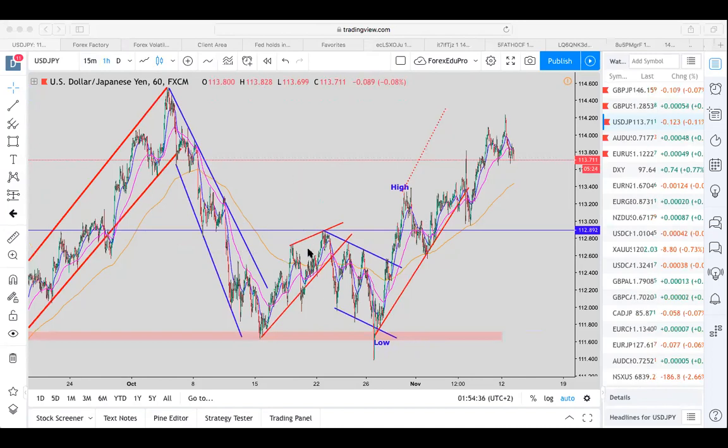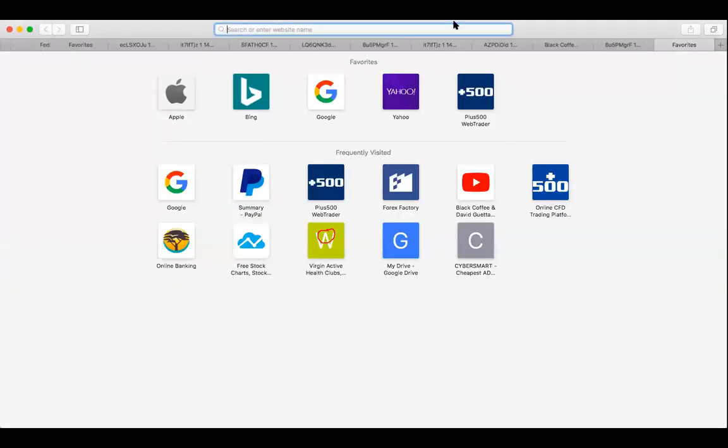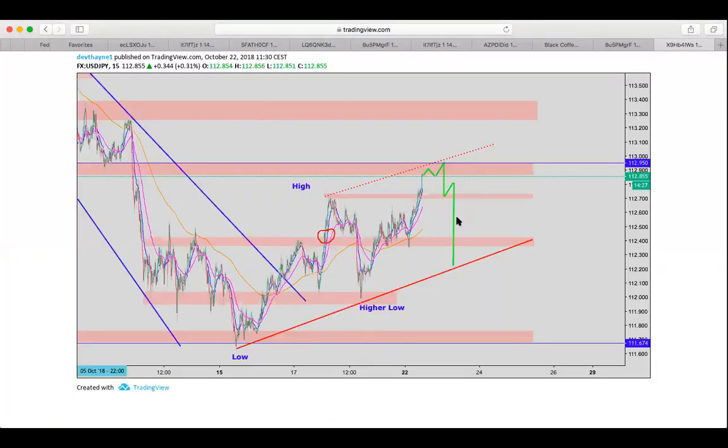Okay. Let me first show you this trade over here. We took this one over here. Here's the proof for that. Don't believe me, I'm photoshopping this. Use your own strategy. You are a professional. You know exactly what you're doing. Don't listen to me.